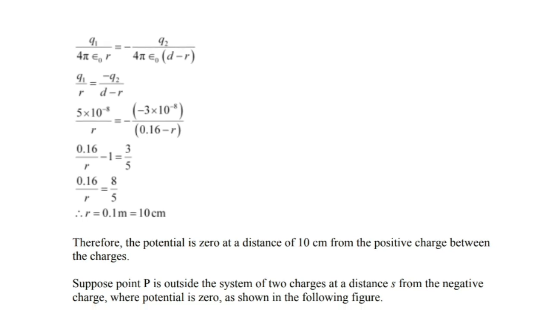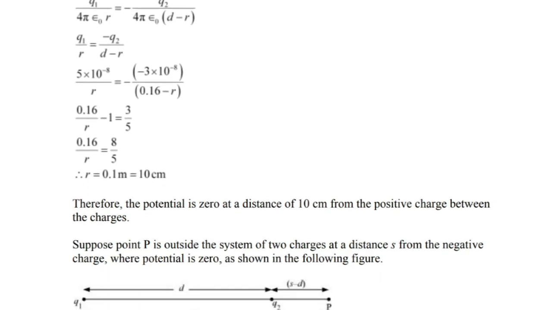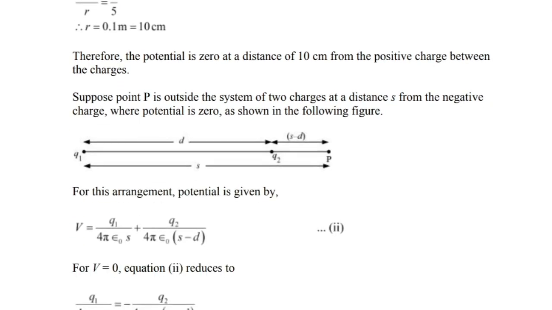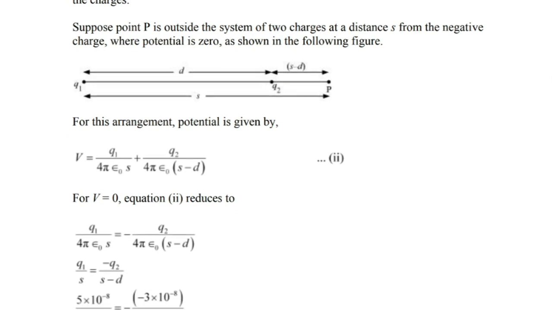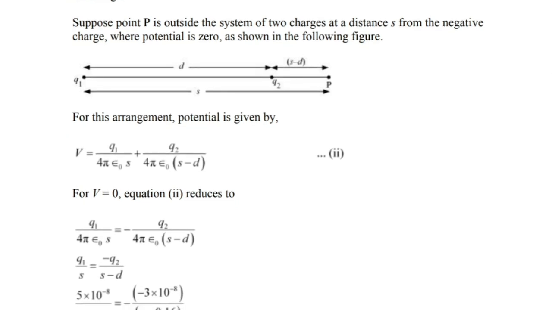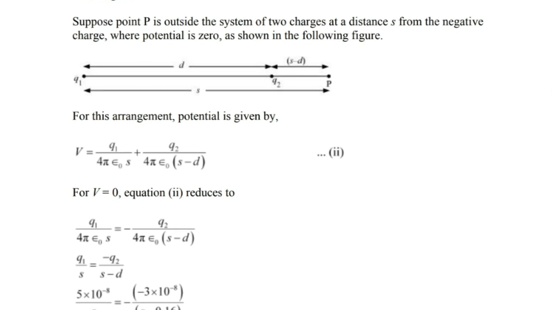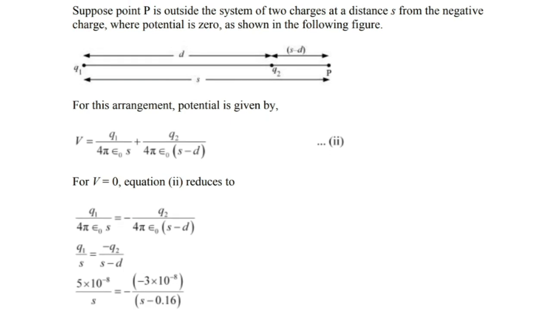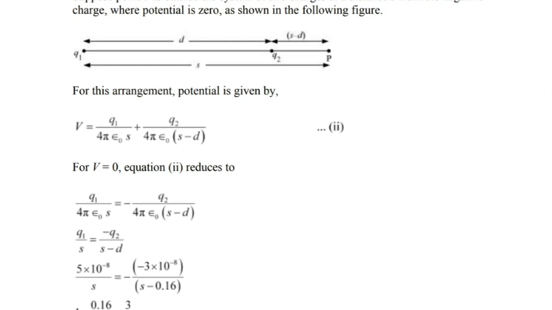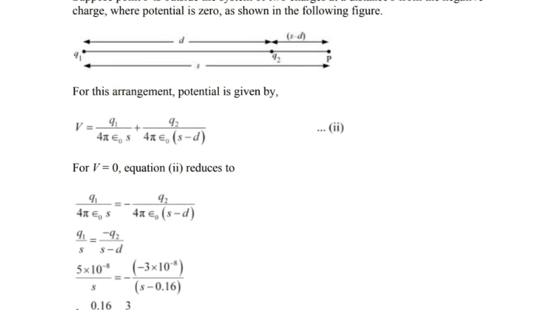Likewise, on right side of Q2, you can have a point where the potential is 0. This diagram shows such a point on right side of Q2. From the positive charge, we take the distance to be S, and the distance to the negative charge becomes S minus D. So the total potential at that point becomes Q1 by 4 pi epsilon 0 S and Q2 by 4 pi epsilon 0 (S minus D).